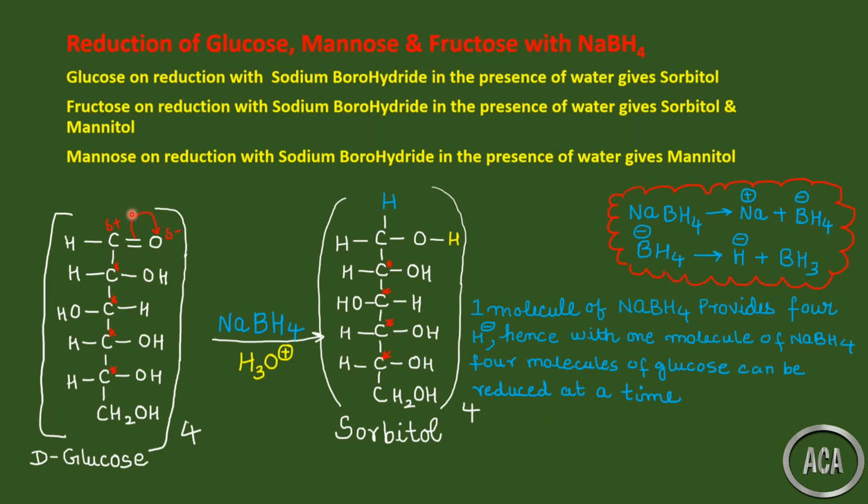So this reducing agent is generally used when a polyfunctional compound is present. Our sugars, that is glucose, mannose and fructose, also come under the category of polyfunctional group containing compounds. Polyfunctional means more than one functional group is present.